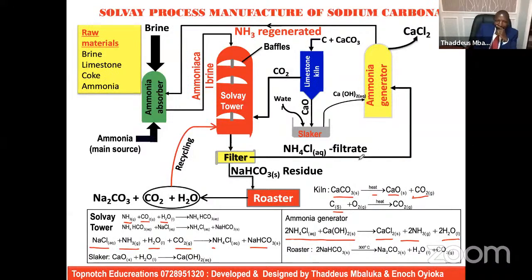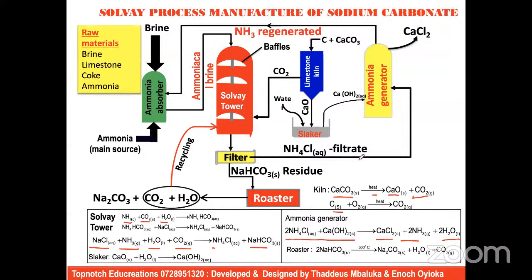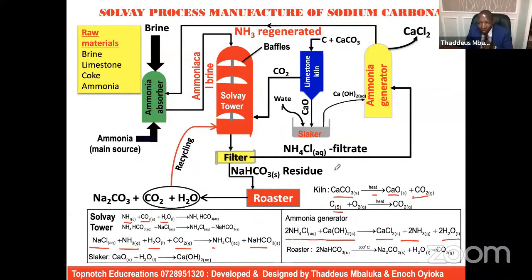Why is it that we cannot prepare potassium carbonate? Gabriel: Because potassium carbonate is highly soluble in water, thus it will require a high amount in order to extract it. Yeah, that's correct. The solubility of ammonium chloride and potassium hydrogen carbonate is the same, and therefore it will be difficult to separate the two.